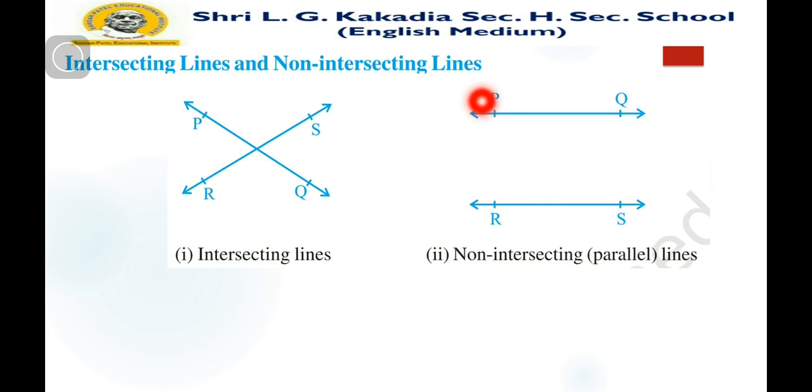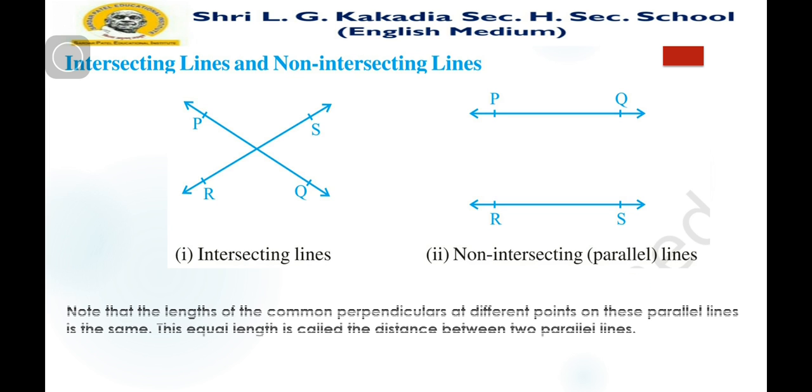So it is known as a non-intersecting line. If we extend it to infinity, we can still see that both lines cannot intersect at any point. So it is known as non-intersecting or parallel lines. We can also call it a parallel line.